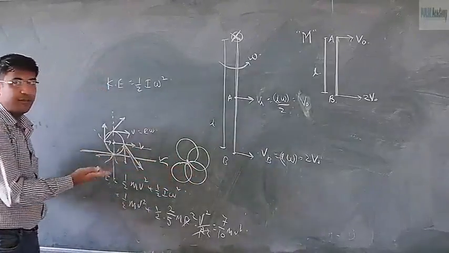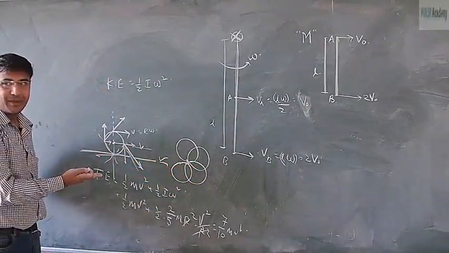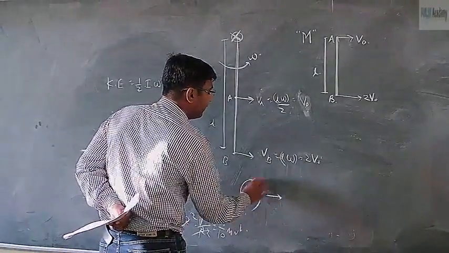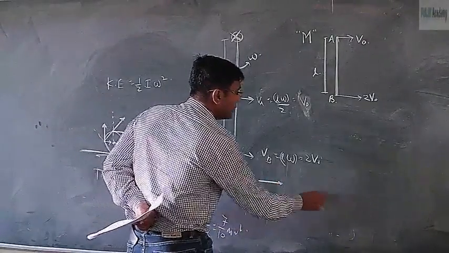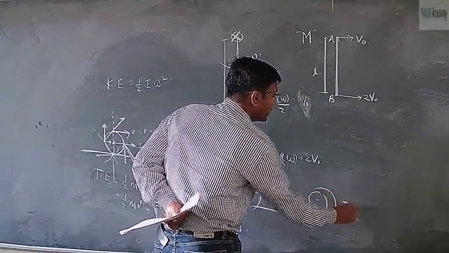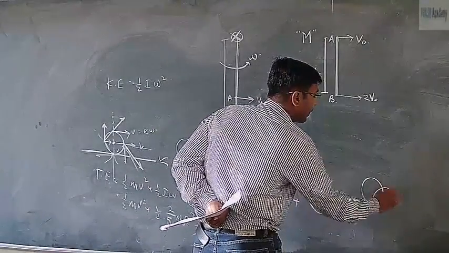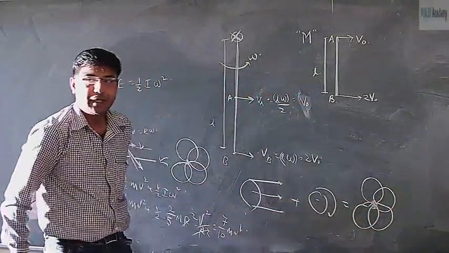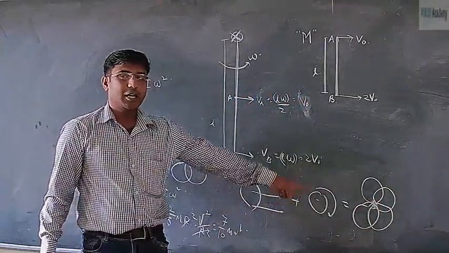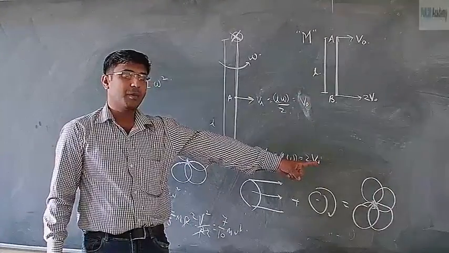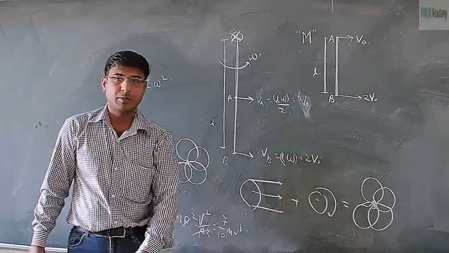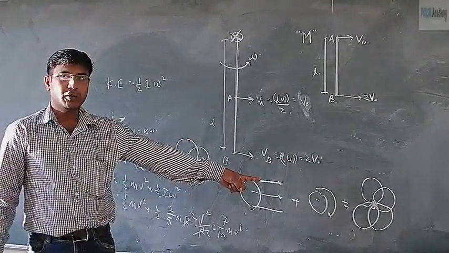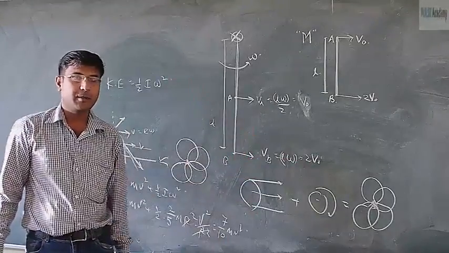And in this case there is no need of translatory motion, because this translatory plus this rotatory is equal to rotatory motion about the instantaneous axis of rotation.